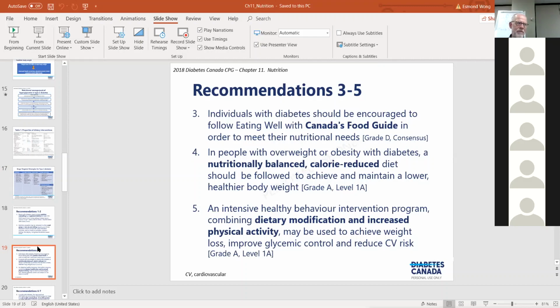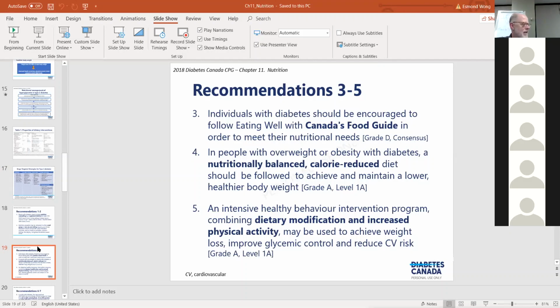You could say 11 minus 7 is 4. And each extra unit drops them 2. So you do 4 divided by 2. They need 2 extra units to bring them to target. That's the 2 units of bolus. Yes, correct. And the same thing, you would not apply that correction factor to basal insulin, bolus only.